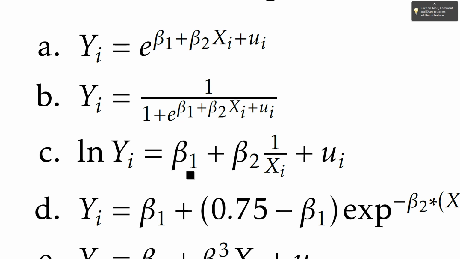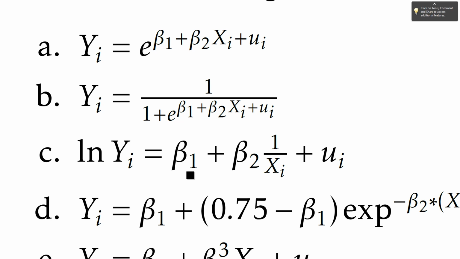Okay, 1 over yi minus 1 equals e to the power of z. Right? What is 1 here? yi divided by yi, right? Equals e to the z.